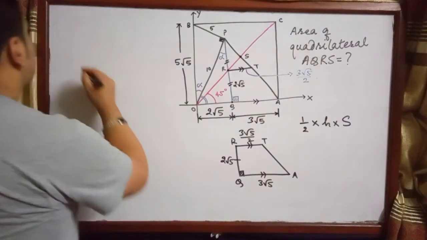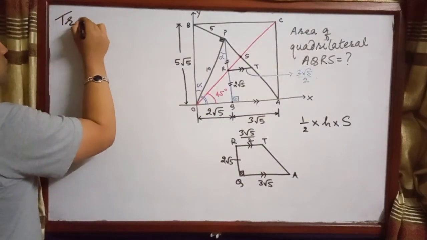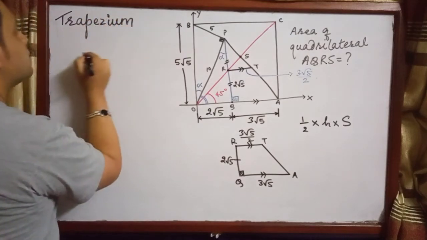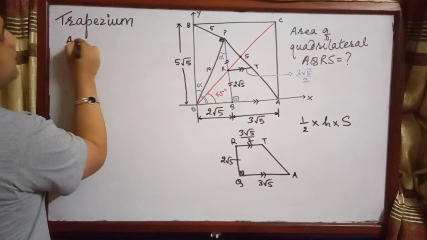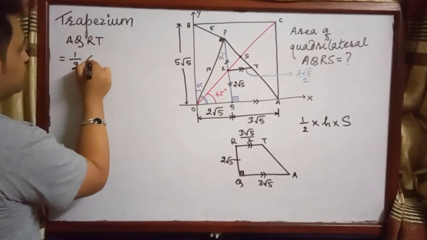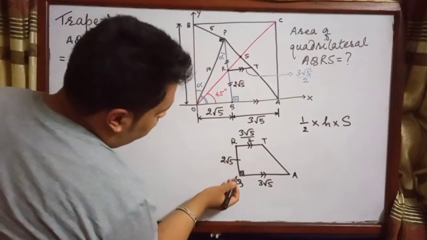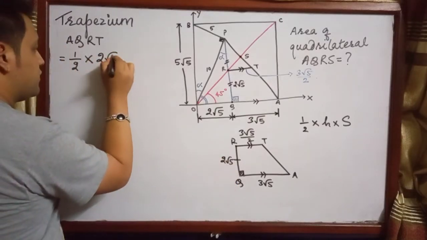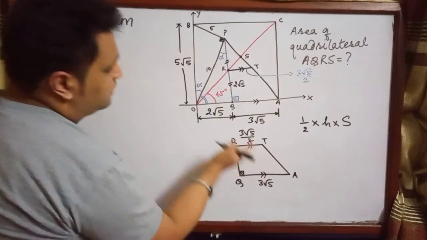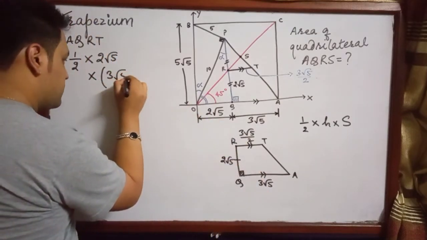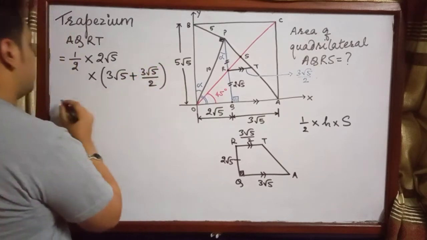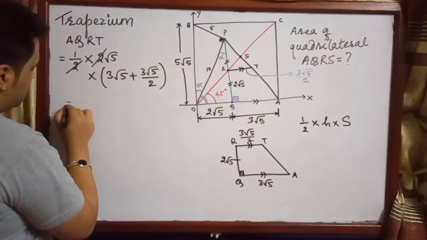So trapezium AQRT is equal to half times the height, which is 2 root 5 here, times the sum of parallel sides, 3 root 5 plus 3 root 5 by 2. We can cancel this 2 with this 2.